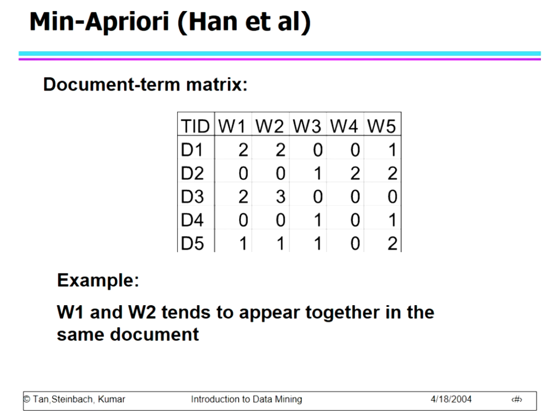So this is a document term matrix. We will apply Apriori, but before applying Apriori, we have to normalize this document term matrix. So the question is how we can normalize this matrix.